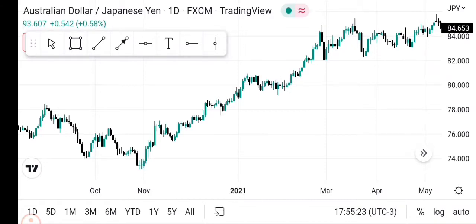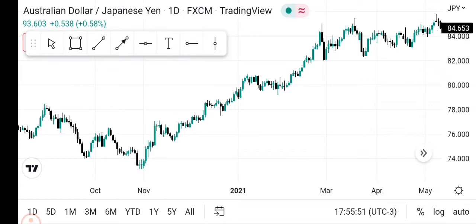The real skill in forex is market structure. Once you are able to identify your market structure, what kind of market structure, and how that market structure is playing out, you would be able to trade any kind of market.